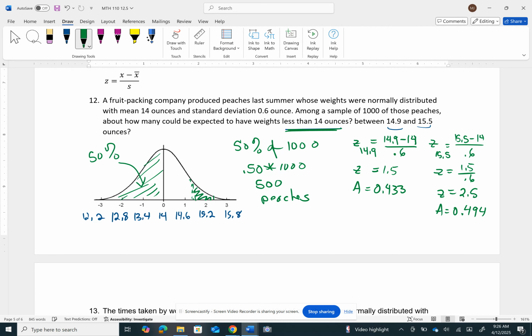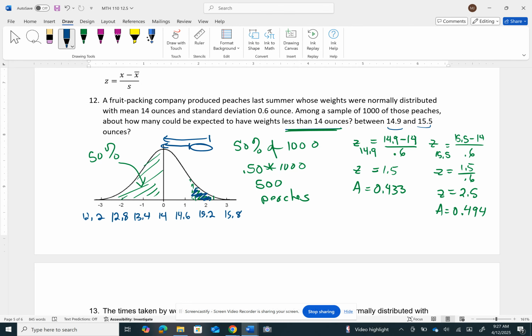All right, but think about what we're trying to do here. We're trying to get this, right? So 49.4% of the data would be from that spot, that high one, all the way to the middle. And then 43.3% would be from there to the middle.